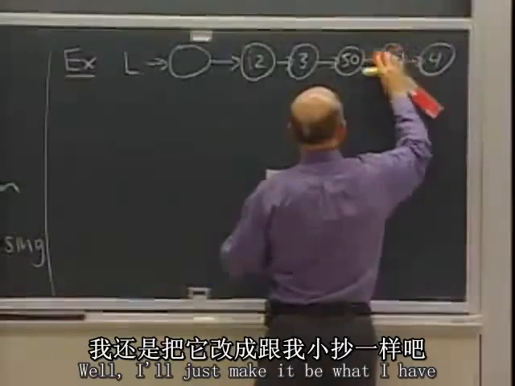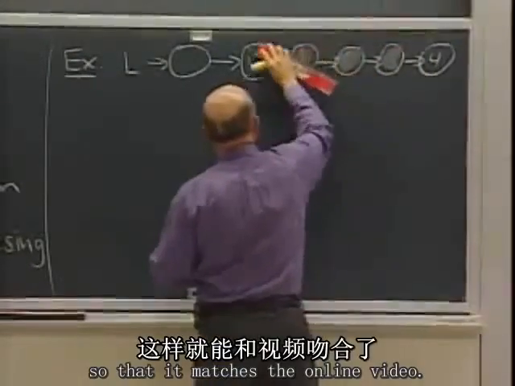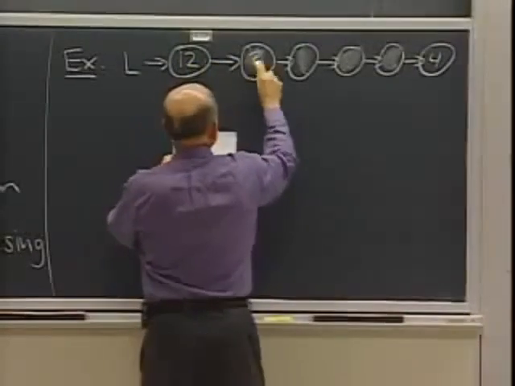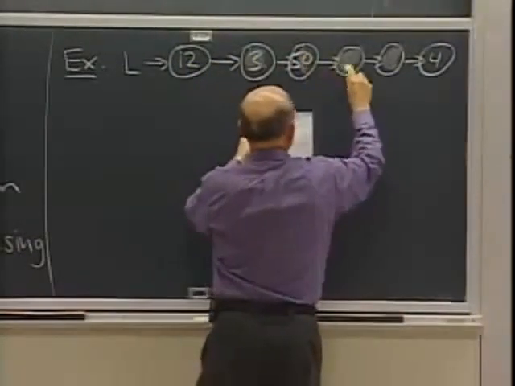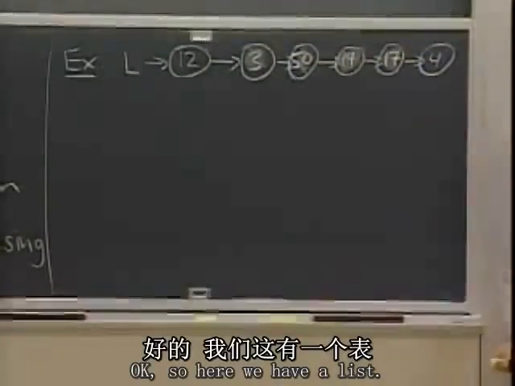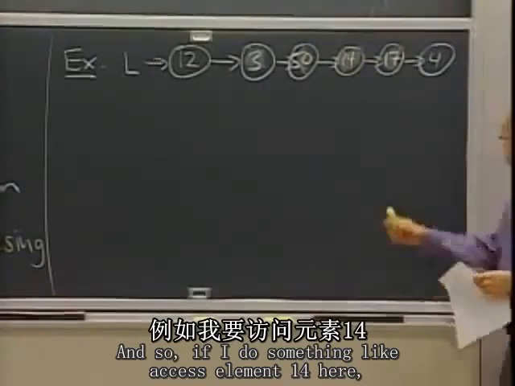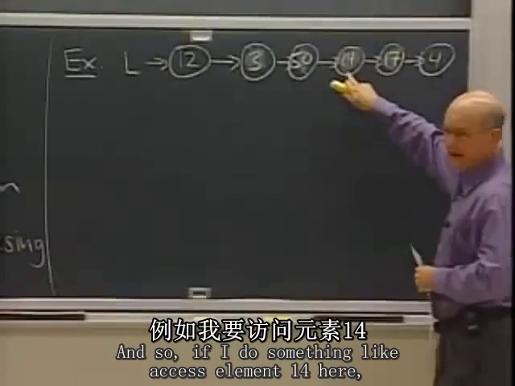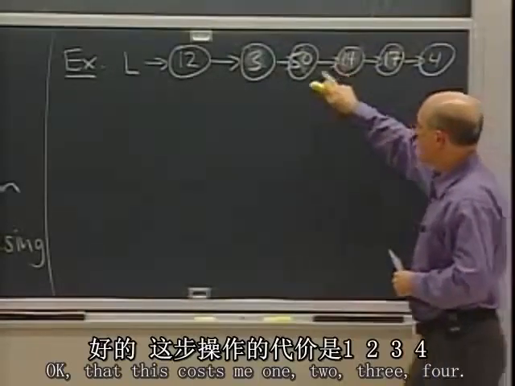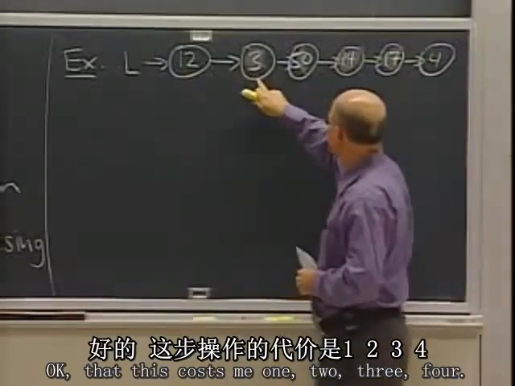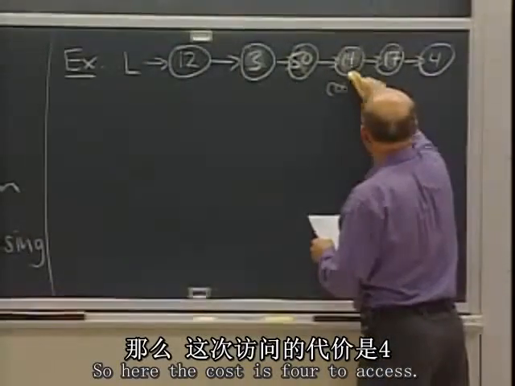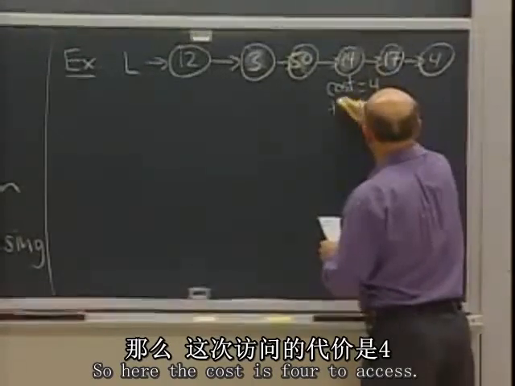I'll just make it be what I have so that it matches the online video. Okay, so here we have a list. And so if I do something like access element 14 here, the element with key 14, then this costs me 1, 2, 3, 4. So here the cost is 4 to access.